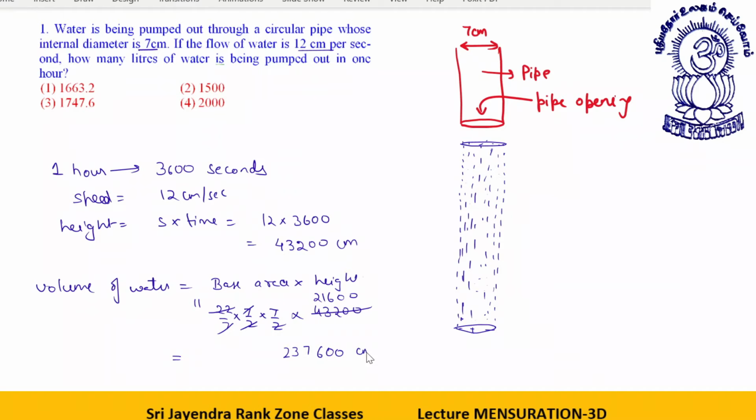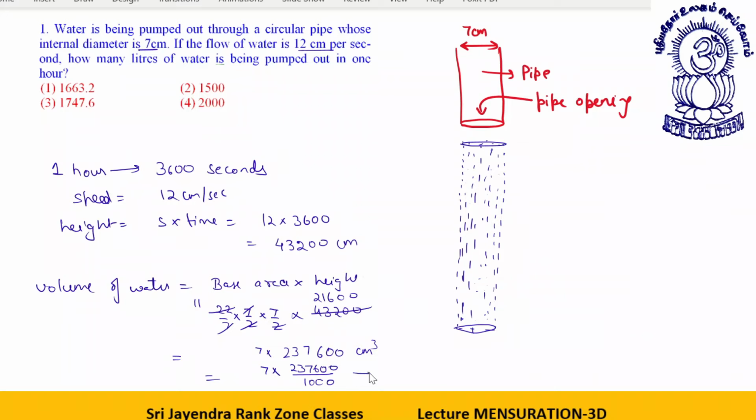So 237600 centimeter cube. If you need to convert centimeter cube into liter, what will you do? 237600 divided by 1000 into this 7.